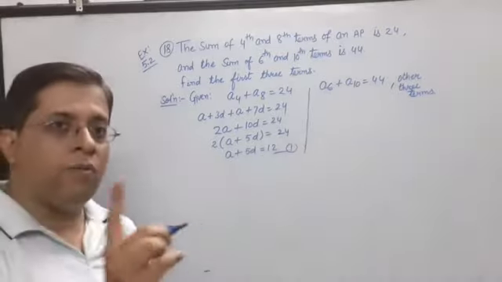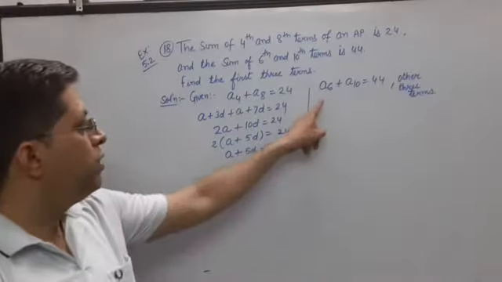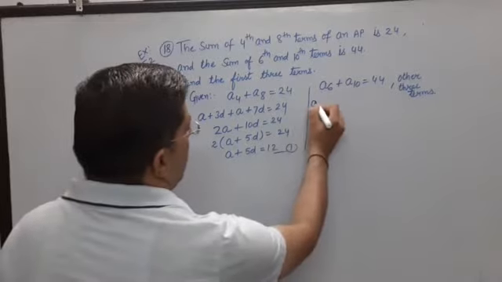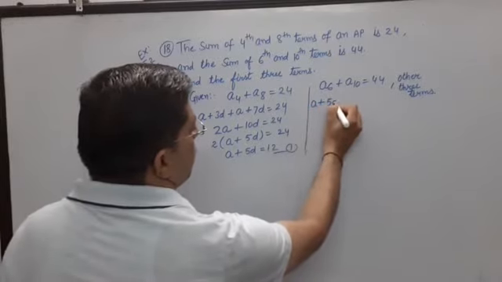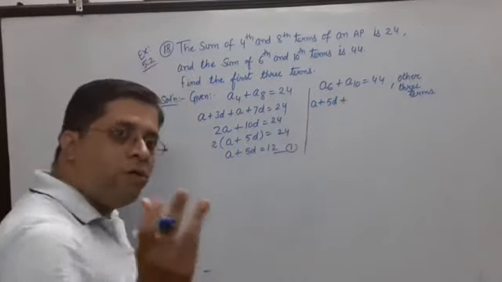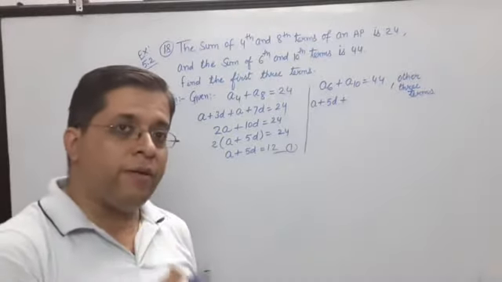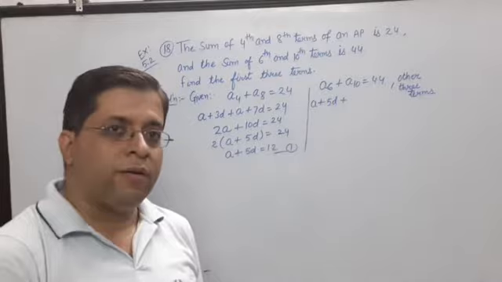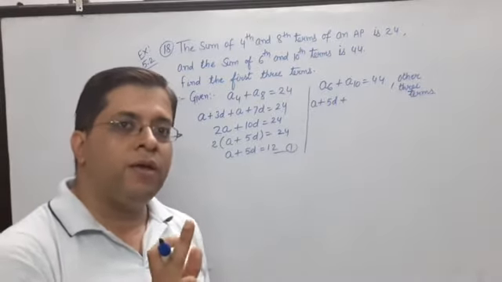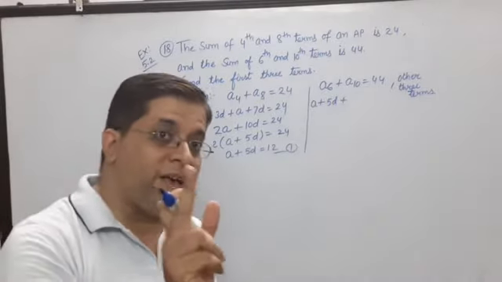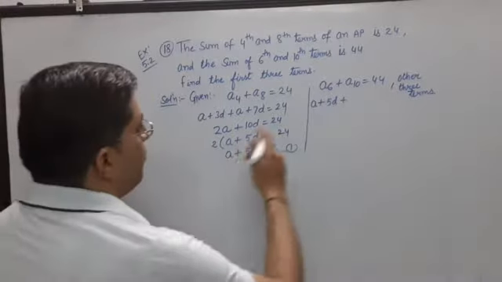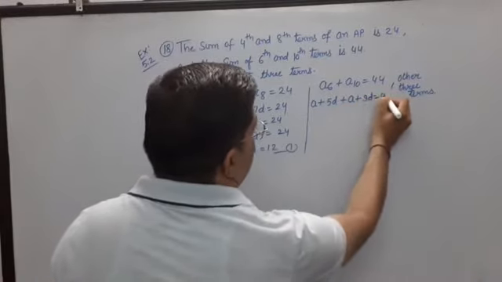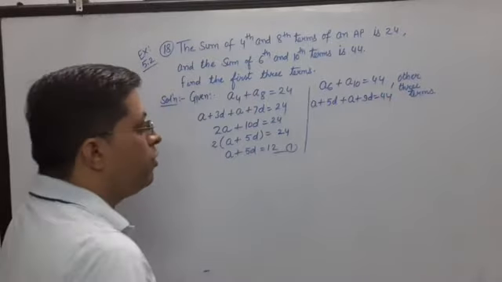Now come on for equation number 2. A6 means A plus 5D. Now you tell me what will be A10. Think. A10 will be A plus 9D. It is given to you 44.